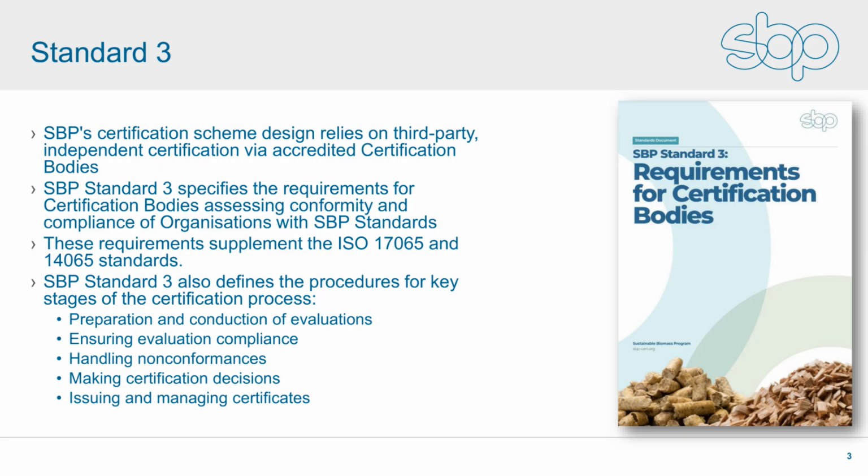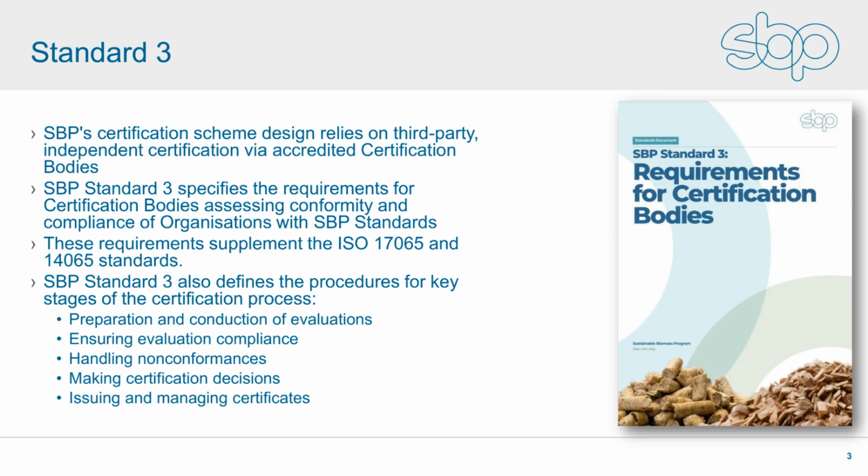SBP has designed a certification scheme that relies on a third-party independent certification process carried out by accredited certification bodies. SBP Standard 3 sets out the requirements that certification bodies must follow when assessing the conformity and compliance of organizations against the SBP standards.